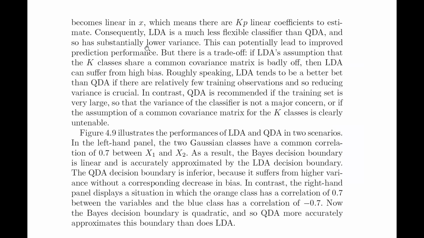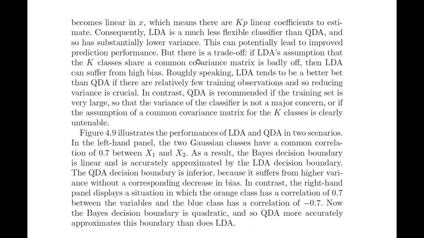LDA is a much less flexible classifier than QDA, and so has substantially lower variance. This can potentially lead to improved prediction performance, but there is a trade-off, isn't there always? If LDA's assumption that the K classes share a common covariance matrix is badly off, then LDA can suffer from high bias.